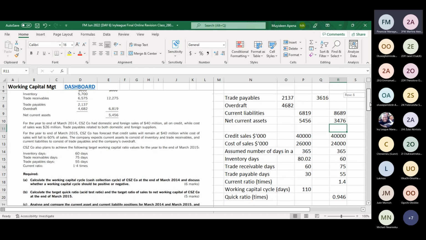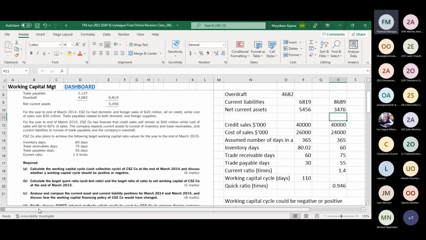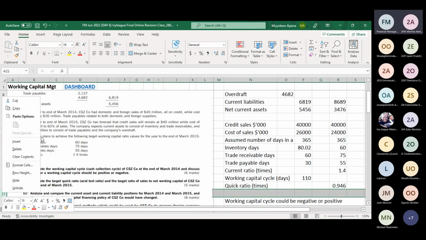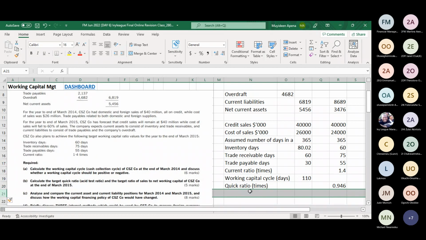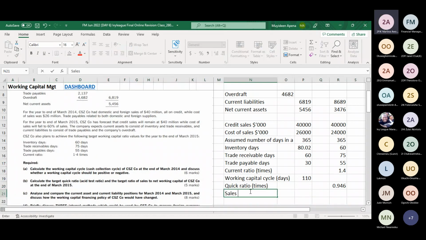And we also have our sales. So we can calculate sales to net working capital. And that's equal to what? Credit sales of 240,000 divided by net current assets.